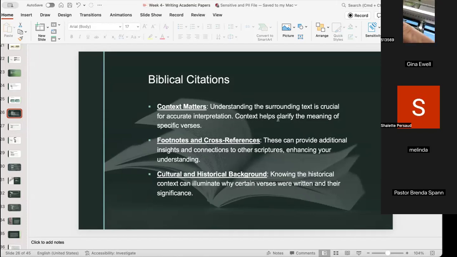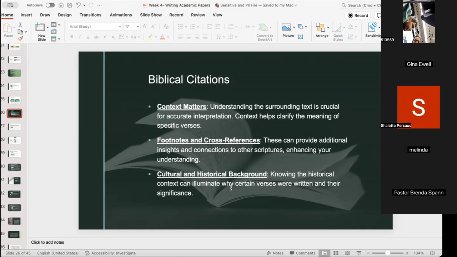So your context helps you clarify the meaning of specific verses. Footnotes and cross-references can provide some additional insight into other scriptures, which also could enhance understanding of that Bible passage or two.